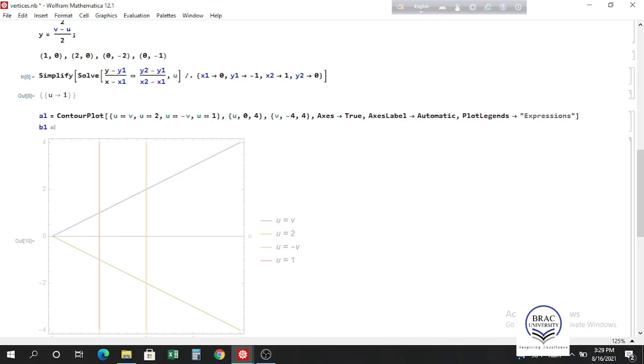So let's take B1 region plot, and inside the implicit region you can just write the expression in terms of u and v now. So u goes from 1 to 2 and v goes from minus u to u.